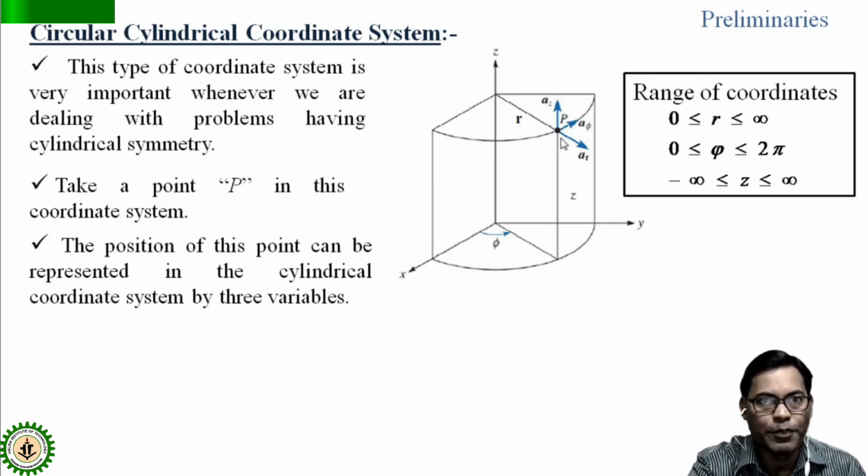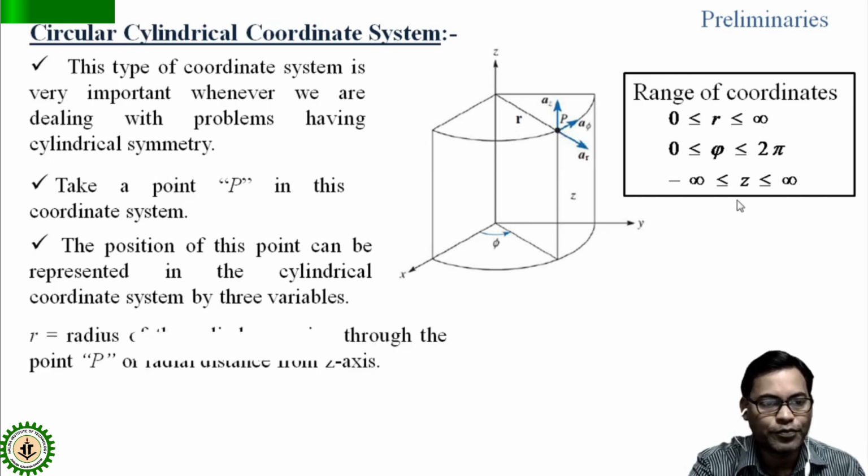Here we will represent the point P or the distance vector r from the origin to the point P in this coordinate system using r, phi and z.